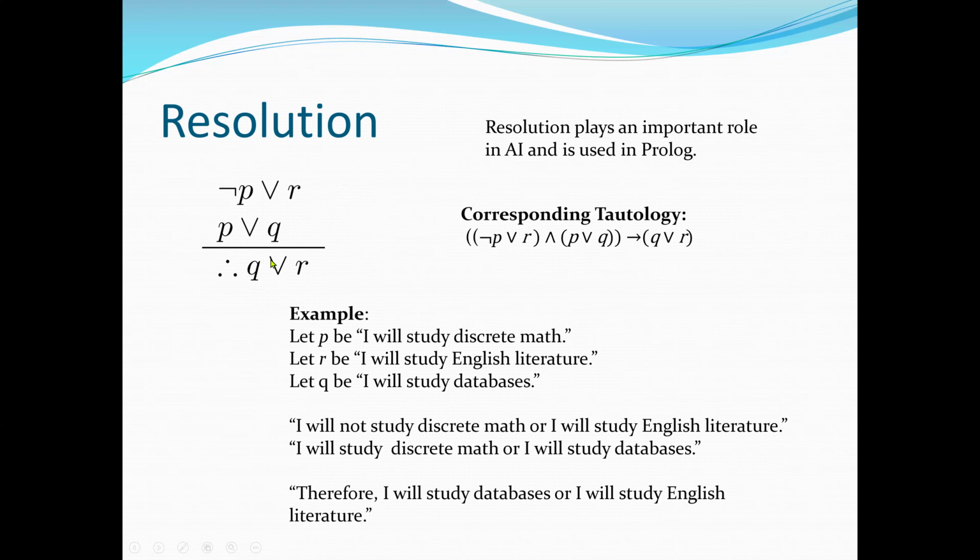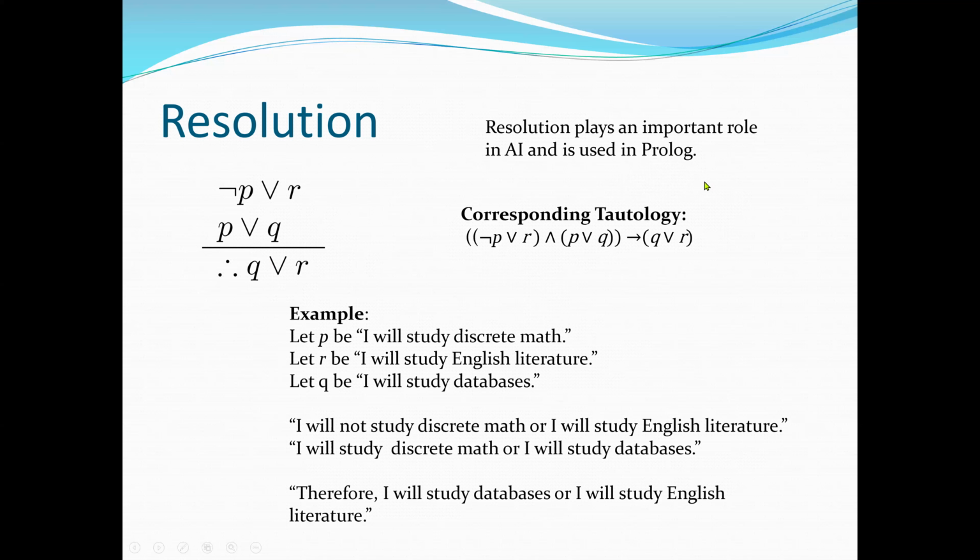So resolution plays an important role in AI, and it's used a lot in the Prolog language. Prolog language normally is used for AI applications, the rules. It's used to build a knowledge-based system, which is the Prolog.